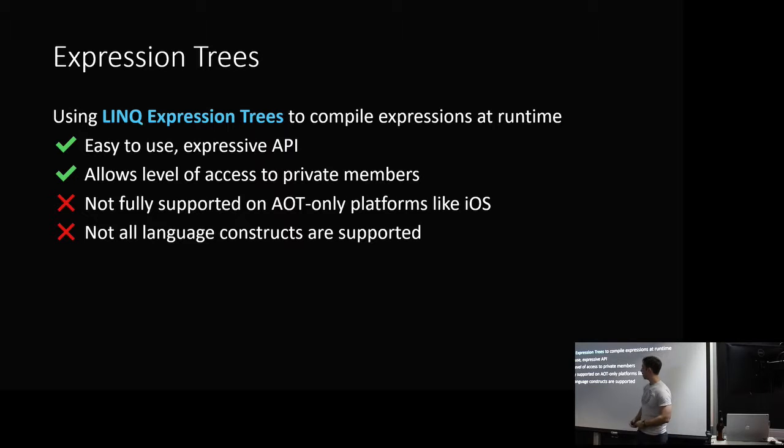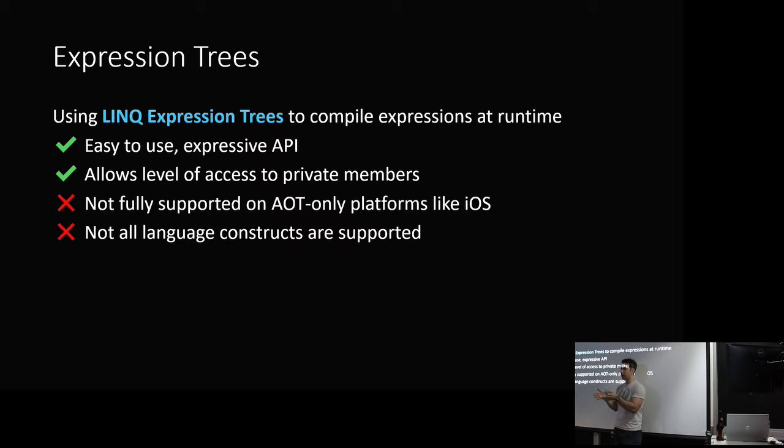Now, the nice thing about expression trees is that the API is really friendly, very easy to use, and it lets you do things that you can't do in C#. Like, for example, if you've got some object with some private members inside of it, I can use expression trees and .NET reflection to create a fast way of accessing those private members.